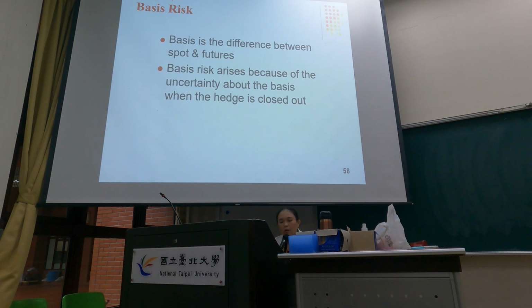Okay. Now there are two terms you have to remember, and you don't want to get confused. Basis risk, 基差风险, is a risk. And basically, the key point of basis risk comes from differences between spot and futures or forwards position.